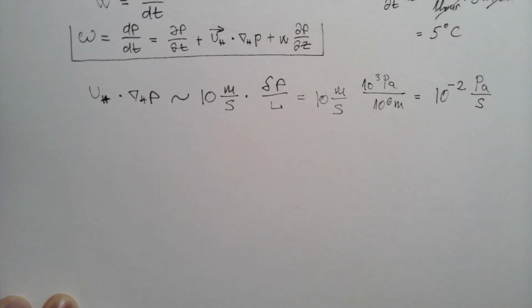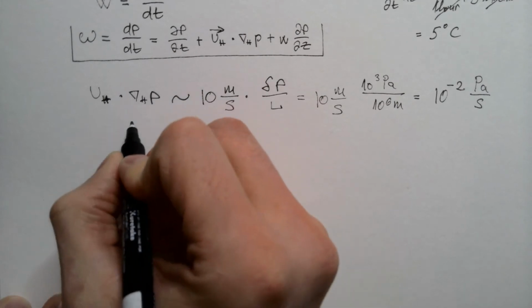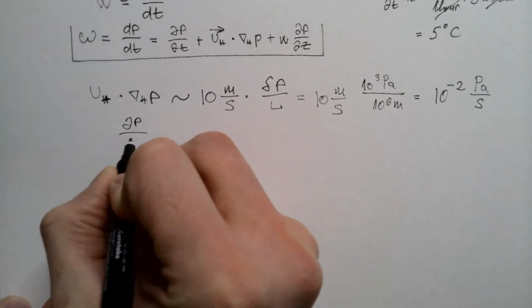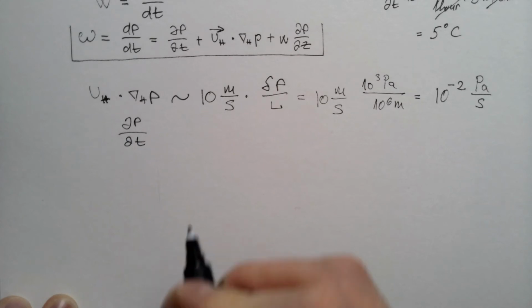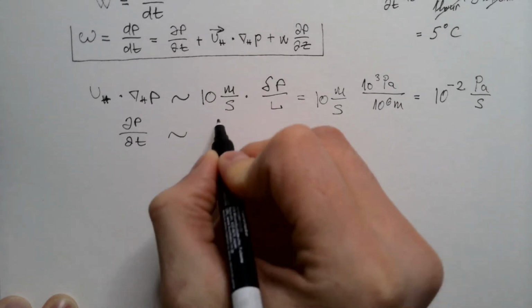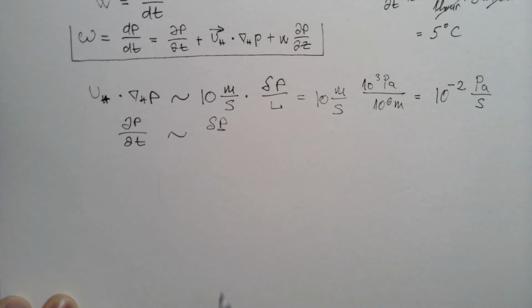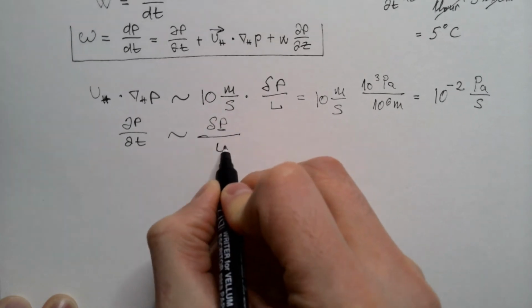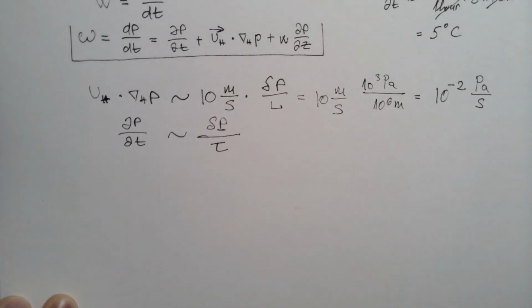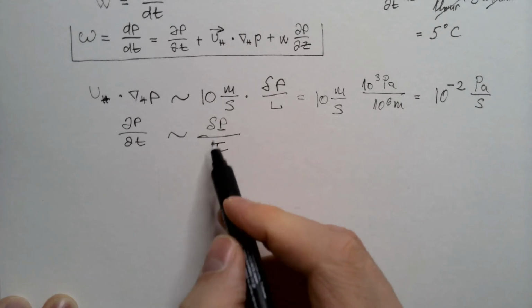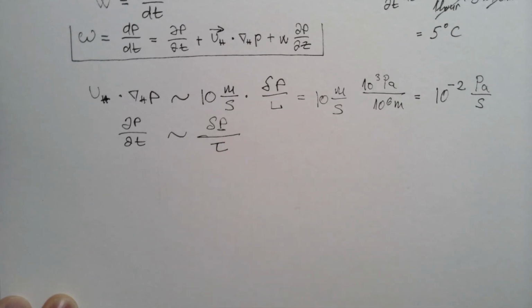per second. Now if we scale the first term on the right hand side, namely delta P over delta T, that will scale as this pressure perturbation in synoptic scales in mid-latitudes, delta P over some characteristic Lagrangian time, tau. All these are explained in my video on scaling of horizontal momentum equation.